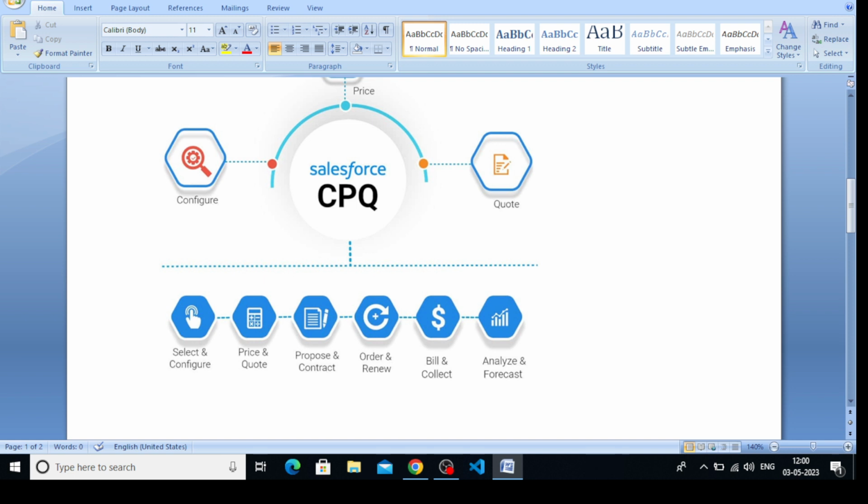After the order generation, if the company wants to track the revenue part also, they will go for revenue collection and analyzing, here we have analyzing statistics.